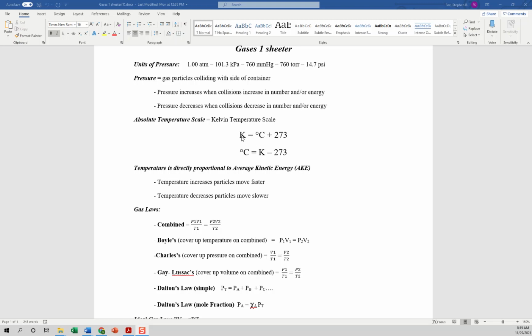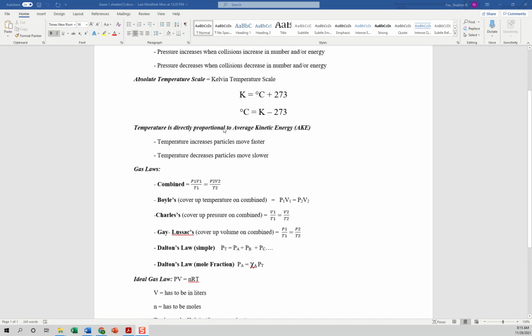A lot of times you're at 25 degrees Celsius, which is kind of like standard room temperature, not standard temperature. Standard temperature for a gas is 0 degrees Celsius, so 273 Kelvin. But a lot of times your lab temperature is around 25 degrees Celsius. So a lot of times you'll be plugging in 298 into temperature because you're at 25 degrees Celsius. Okay.